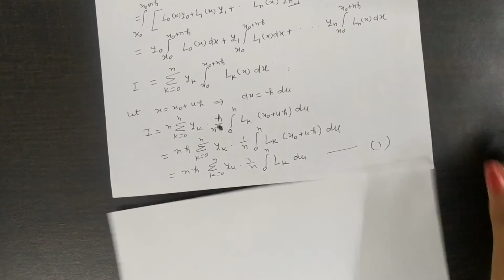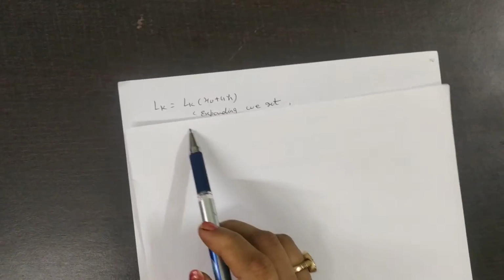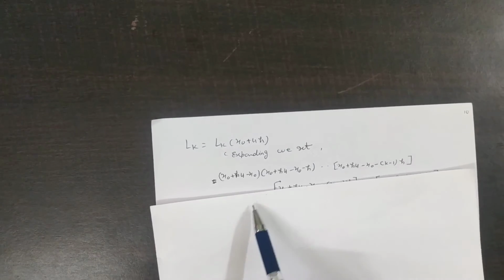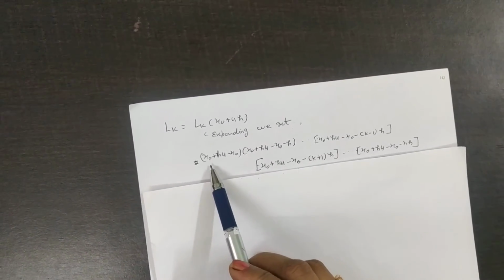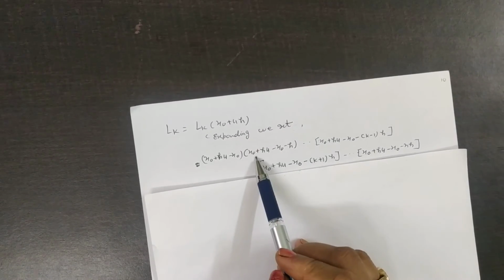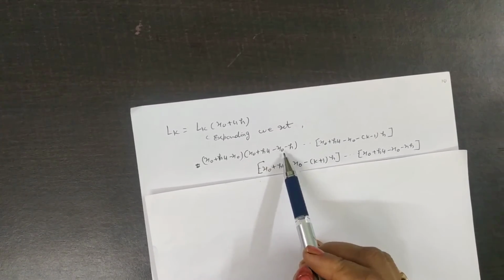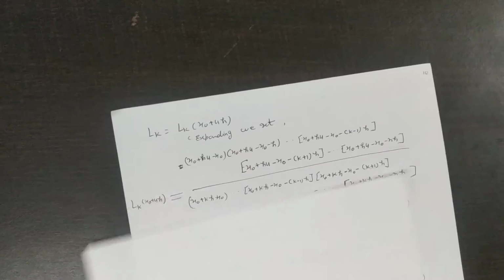Okay students, clear? Here Lk is Lk(x0 + uh). Now expanding it from the Lagrange formula, we have (x0 + uh - x0)(x0 + uh - x0 - h) and so on, up to the k + 1 term.